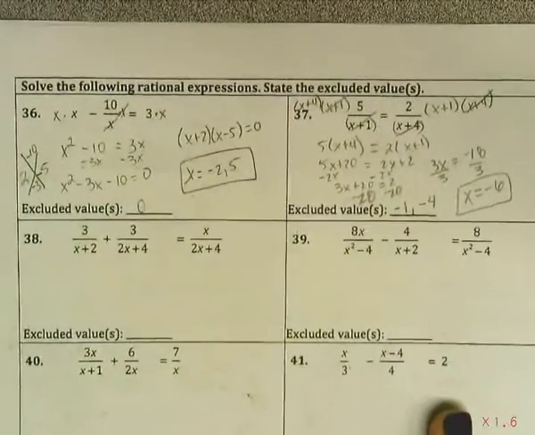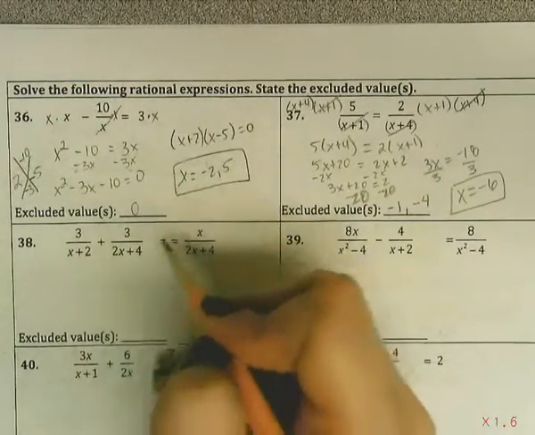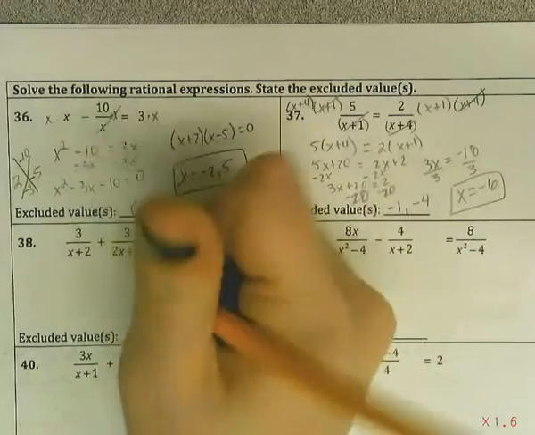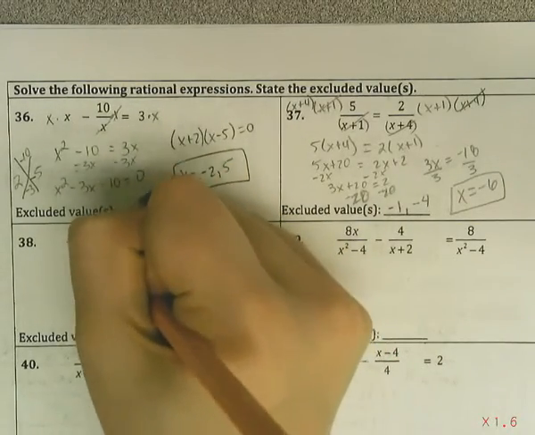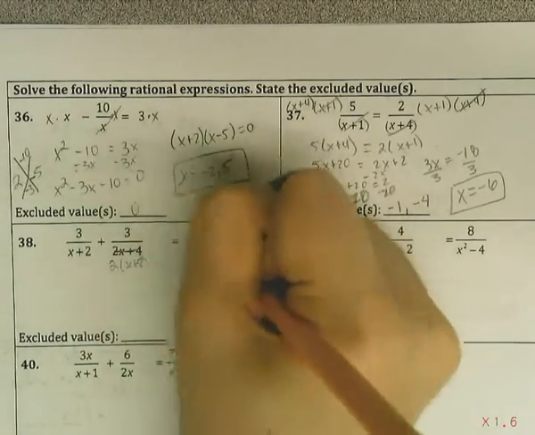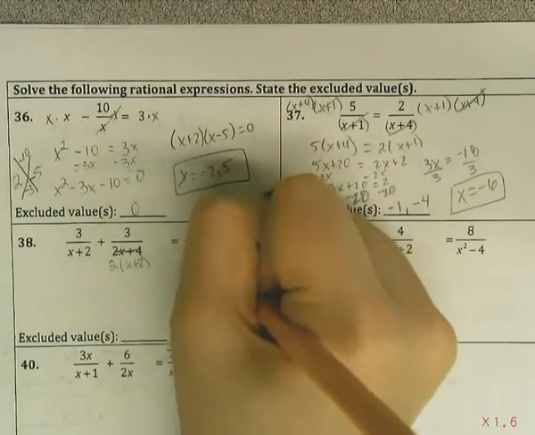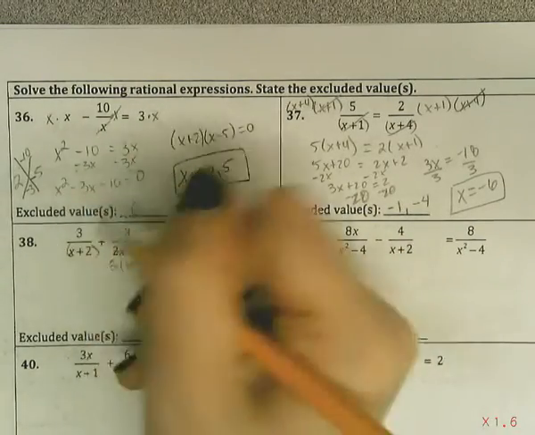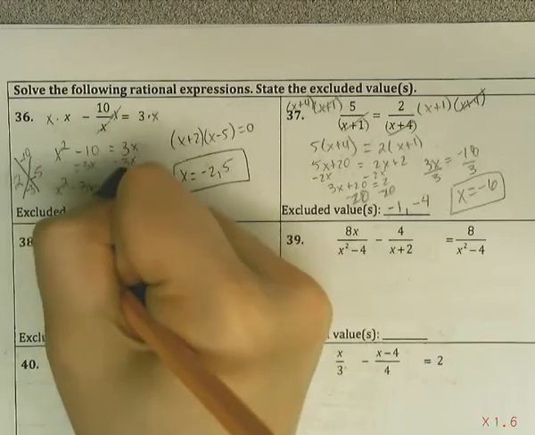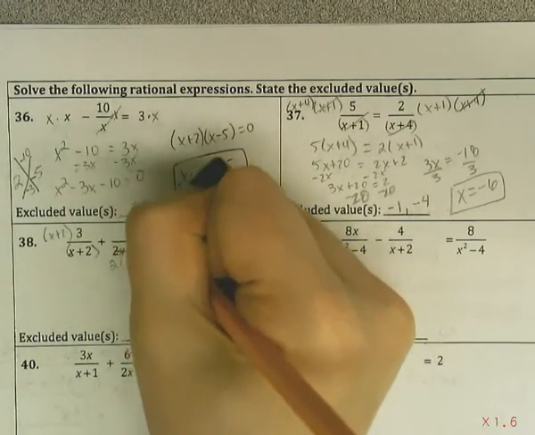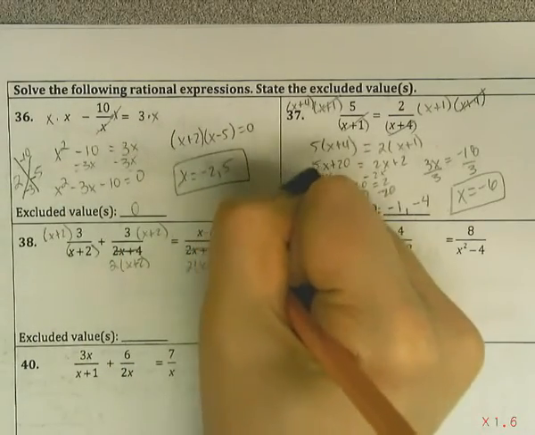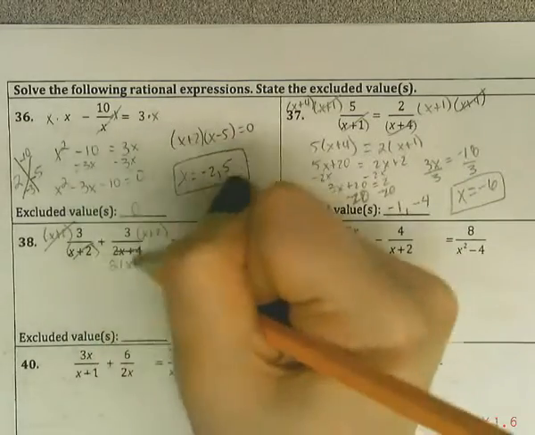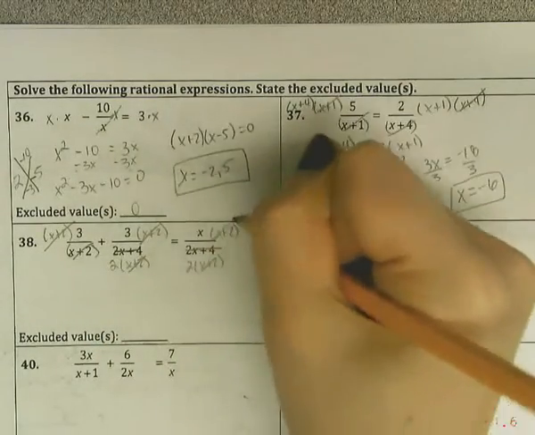Okay, 38. X plus 2. I have 2x plus 4 and 2x plus 4. So let's write that as 2 times x plus 2. Okay, now, I'll put that in parentheses. I need to multiply all of these by x plus 2. What happens is that marks out, so does that, and so does that.